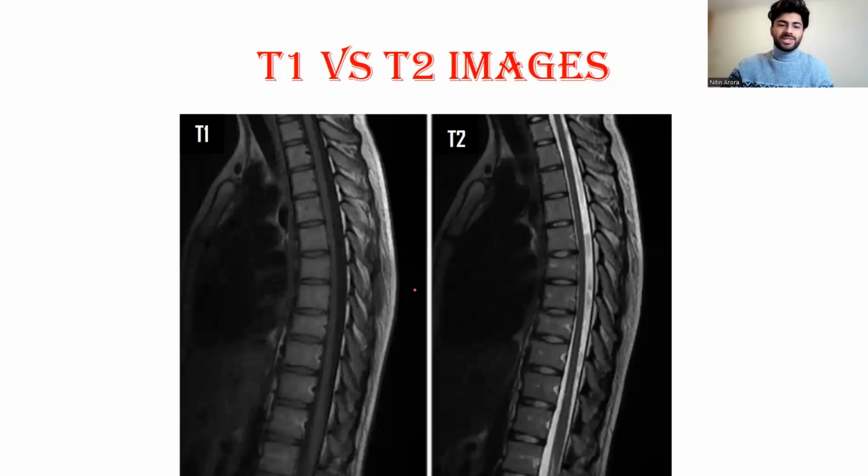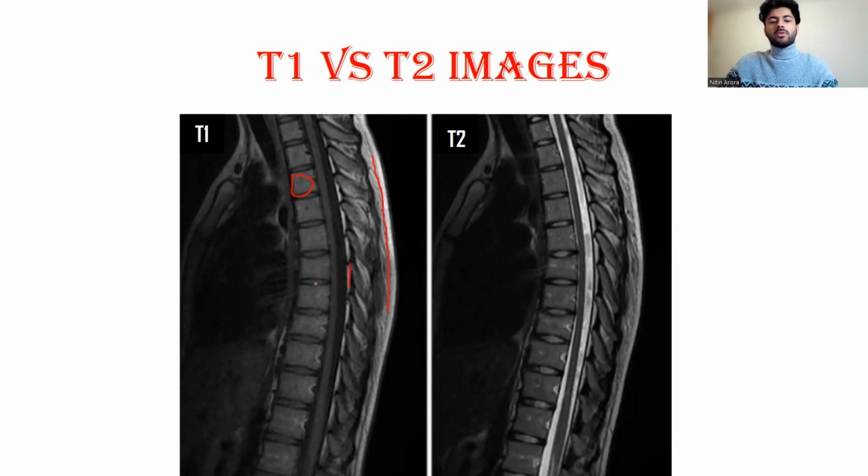So the second thing that you need to check is whether the image is T1 weighted or T2 weighted. Over here, as I asked in the last slide, which type of image was that? As we can see, all the bone marrow structures are white, all the subcutaneous fat is white, all the epidural fat is white.